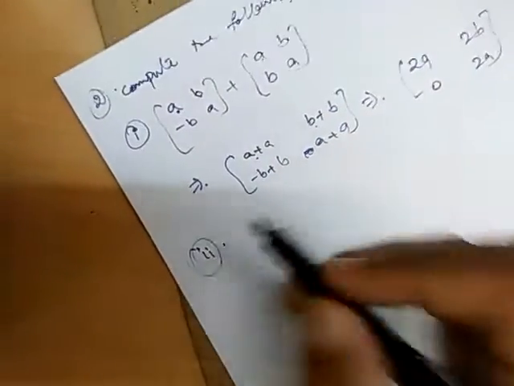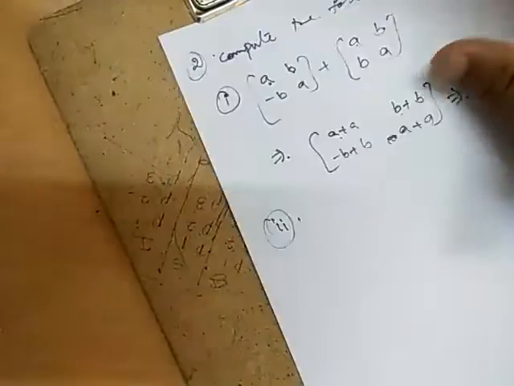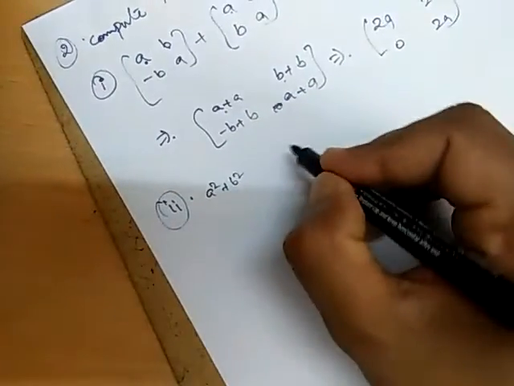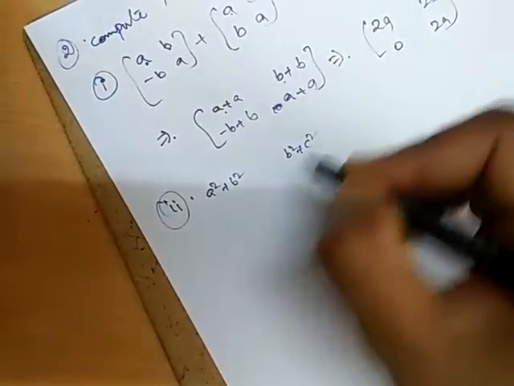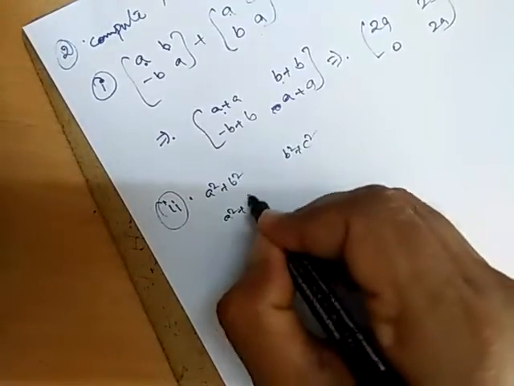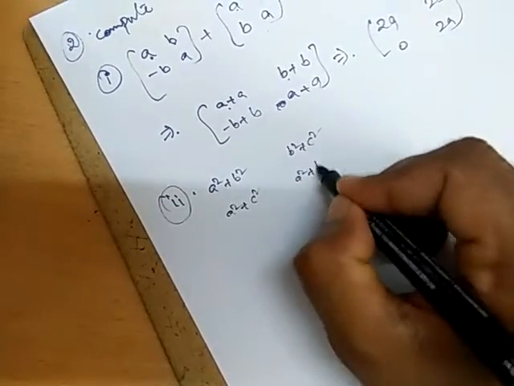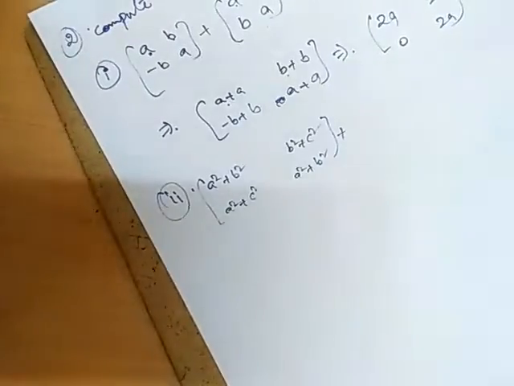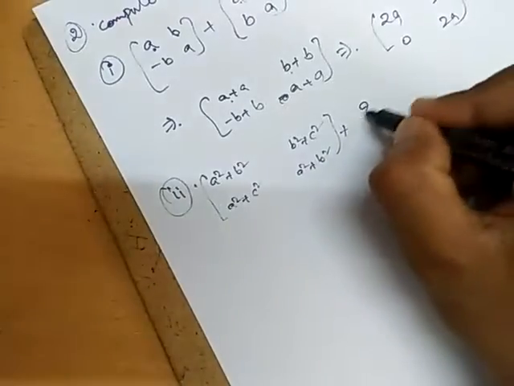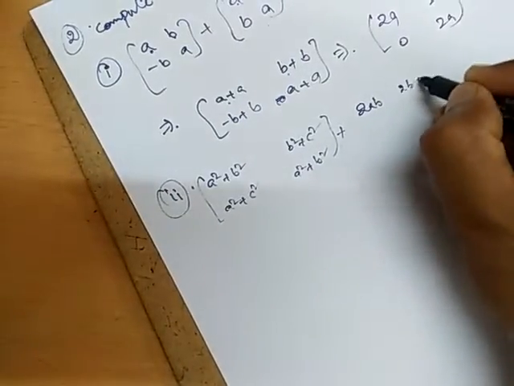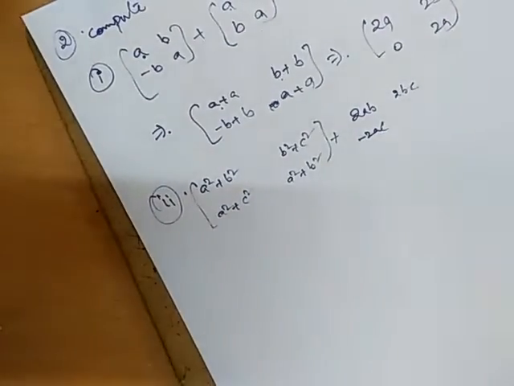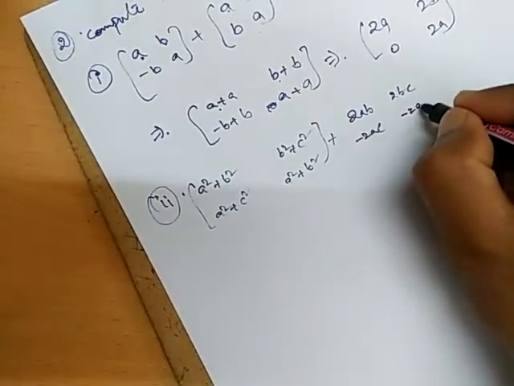Second one: A square plus B square, B square plus C square, A square plus C square, A square plus B square, plus 2AB, 2BC, minus 2AC, minus 2AB.